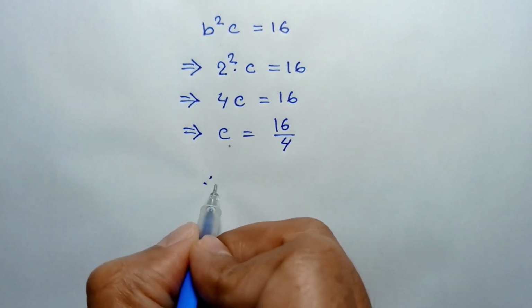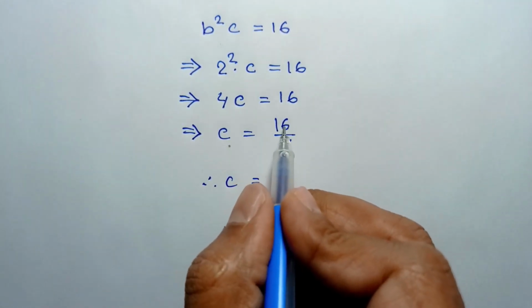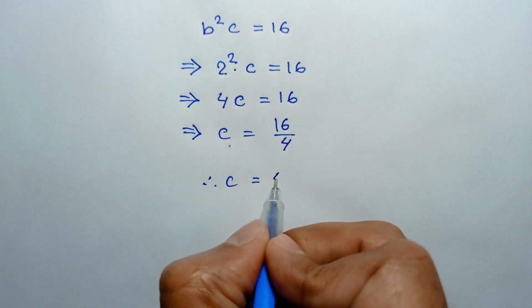So the value of c is equal to 16 over 4 is 4.